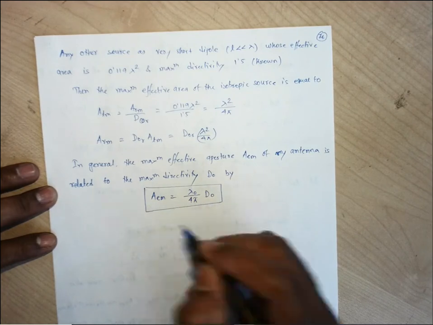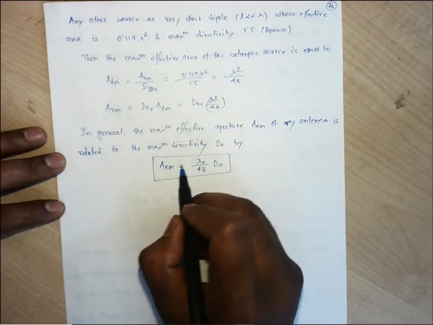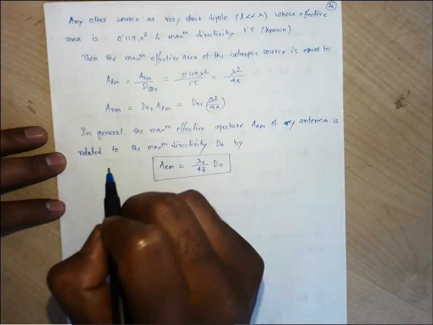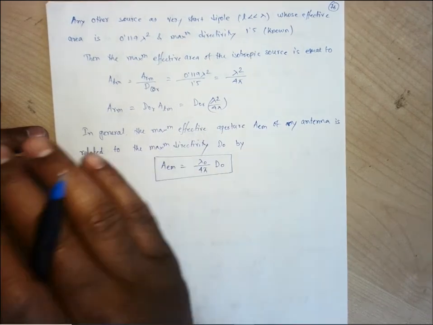This is the relation for any other source, for that receiver only, considering this antenna is receiving the radiation from every direction.